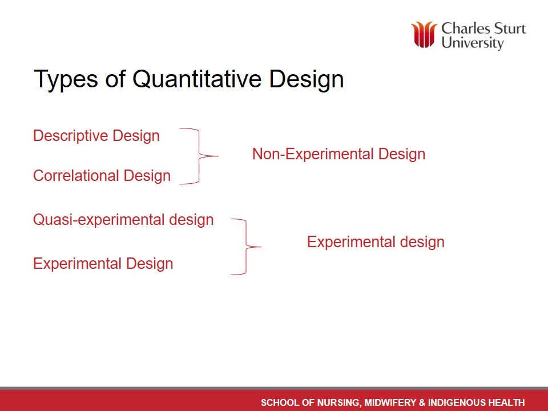Sometimes you do a study and you're not going to be able to have complete control. The problem is you can't completely establish cause and effect all the time. So what we've got here is two types: experimental designs down the bottom and non-experimental designs up the top.